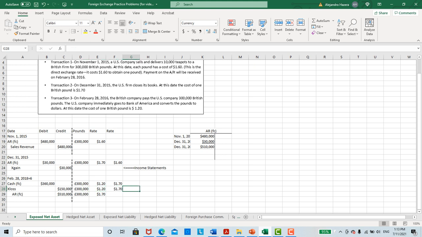You could take 300,000 British pounds and recognize that you have lost 50 cents on each one. So it's times the difference between this $1.70, which was the last rate you had adjusted to, and the current rate, which is $1.20. You also get 150,000 that way. And of course, it's a debit.